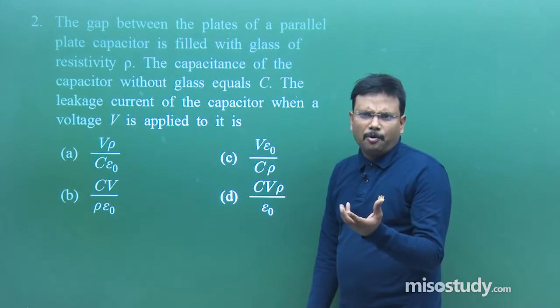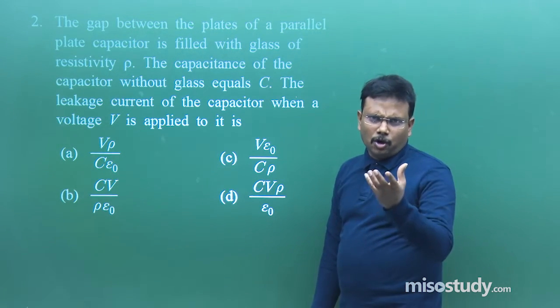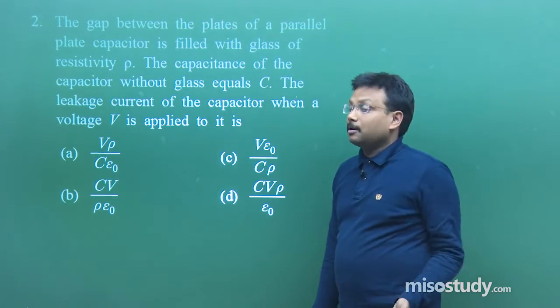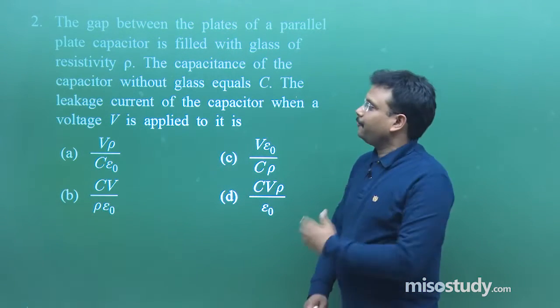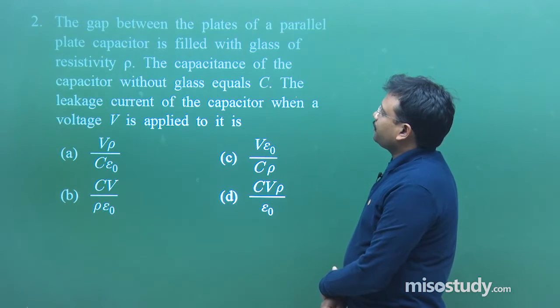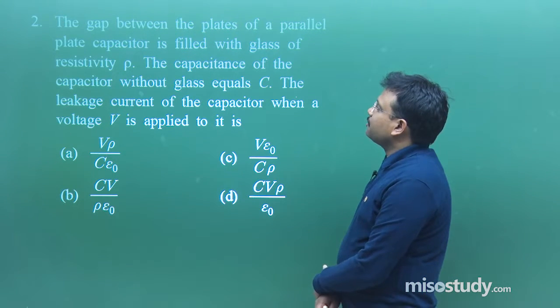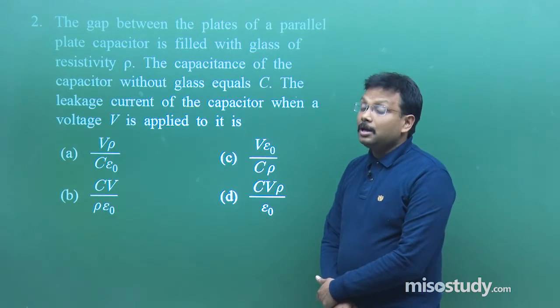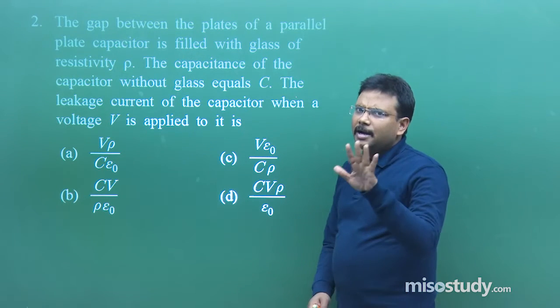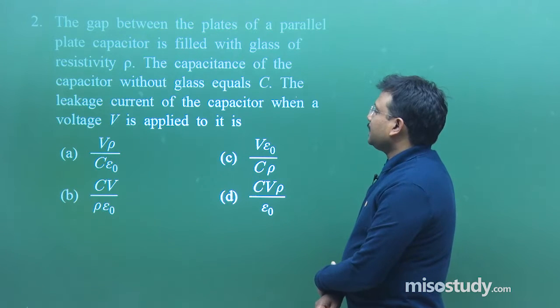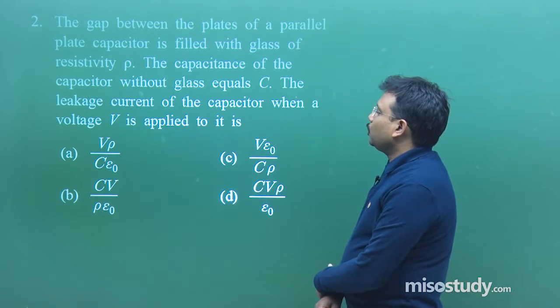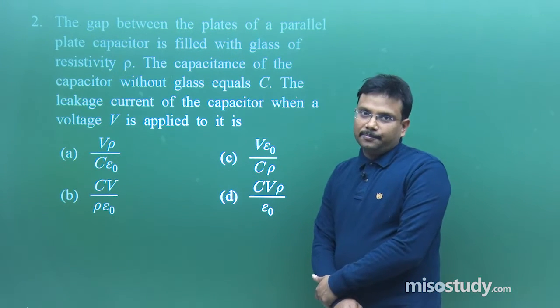Glass, a type of you can say quartz wool or like that, fine, or if you are comfortable with that, you can consider kaach, glass, fine. The capacitance of the capacitor without glass is equal to C. Obviously, after placing this dielectric, it should increase capacitance. The leakage current of the capacitor when a voltage V is applied to it.